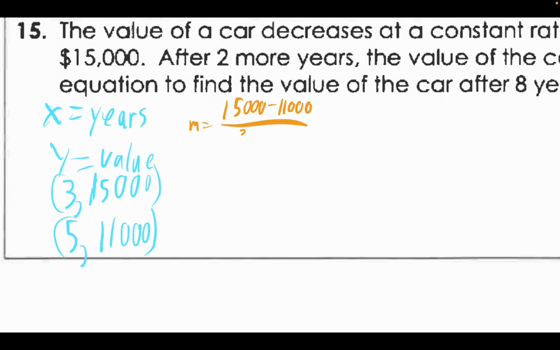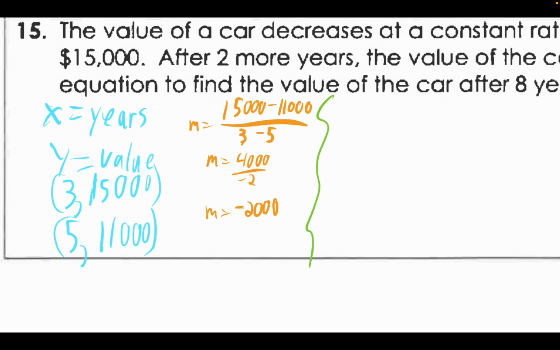I should have had 3 minus 5, because 15,000 was after owning the car for 3 years from that ordered pair, and 11,000 was after owning the car for 5 years. It doesn't want me to change that 5 for some reason. It's protesting. There we go. Oh, it will only change that. There we go. So now this would actually be 4,000 over negative 2, which is negative 2,000, showing that it's going down 2,000 per year on average.